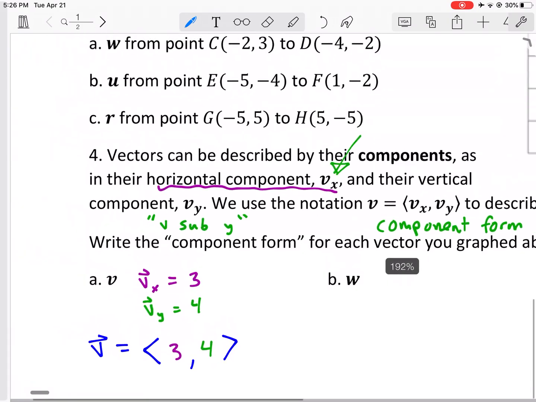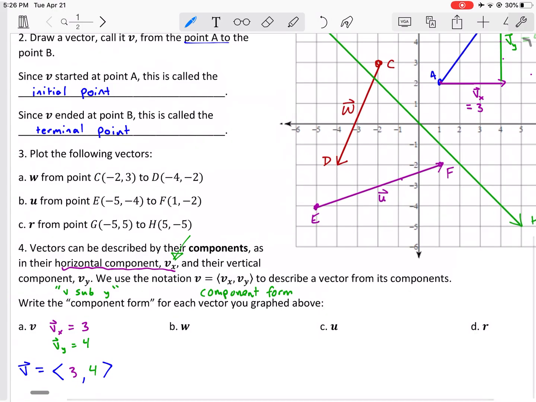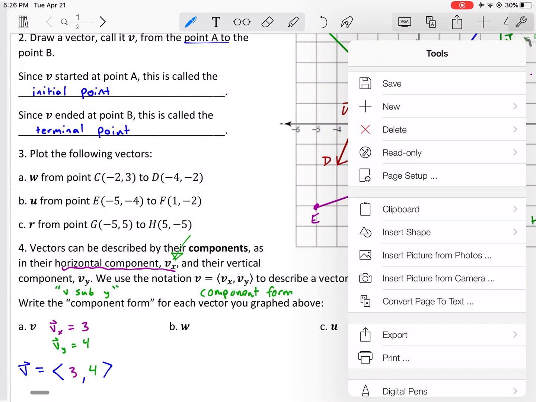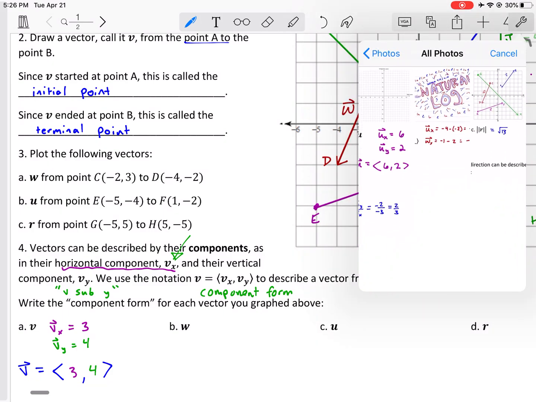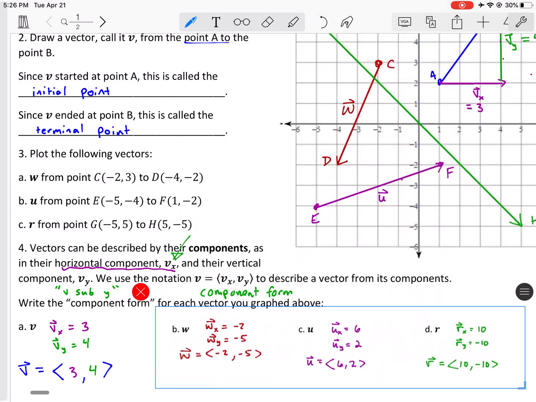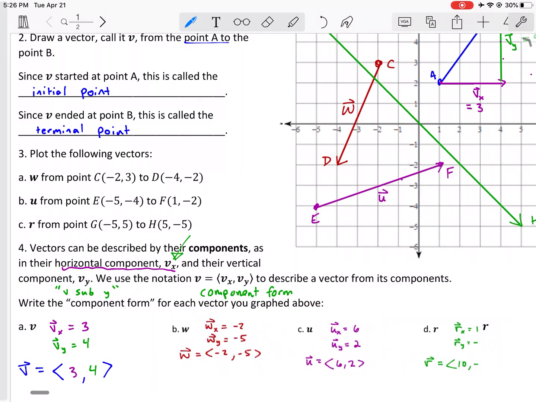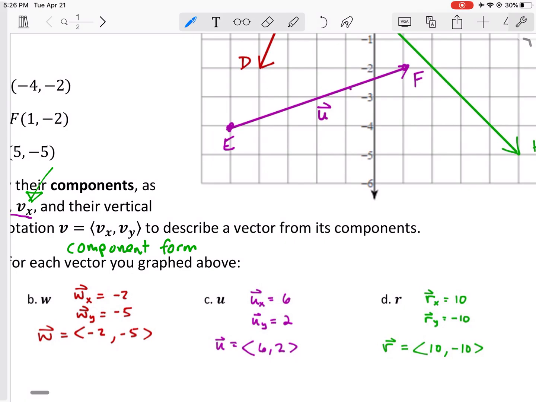All right, same things apply for B, C, and D, the other vectors. I encourage you to pause the video and give that a shot right now. All right, and there is my work for it. Double check to make sure that you got the same things for the other three vectors.